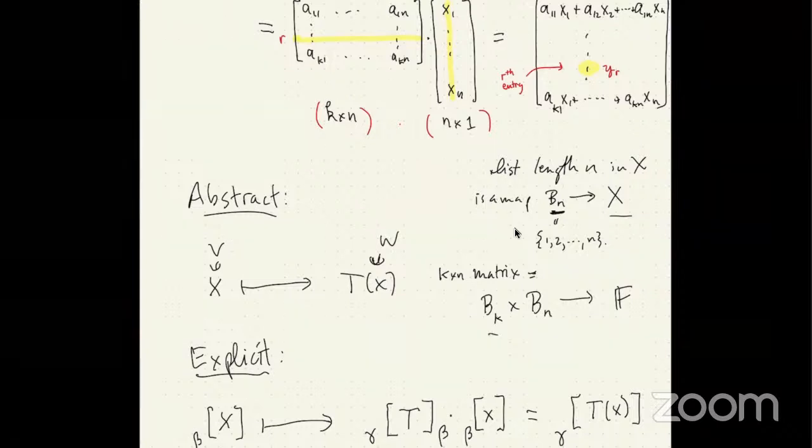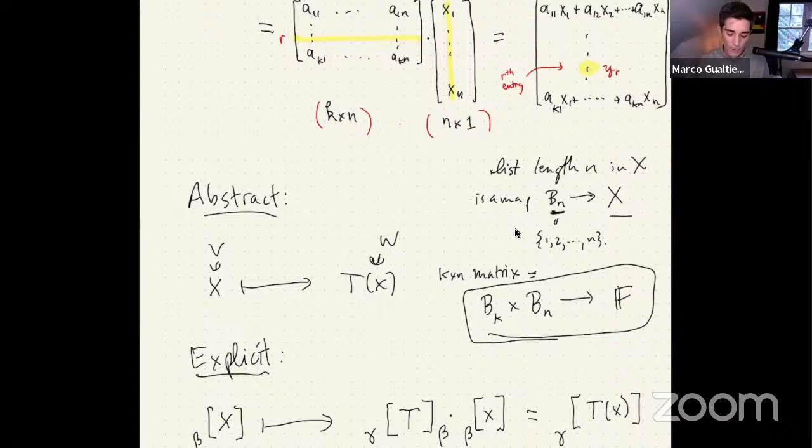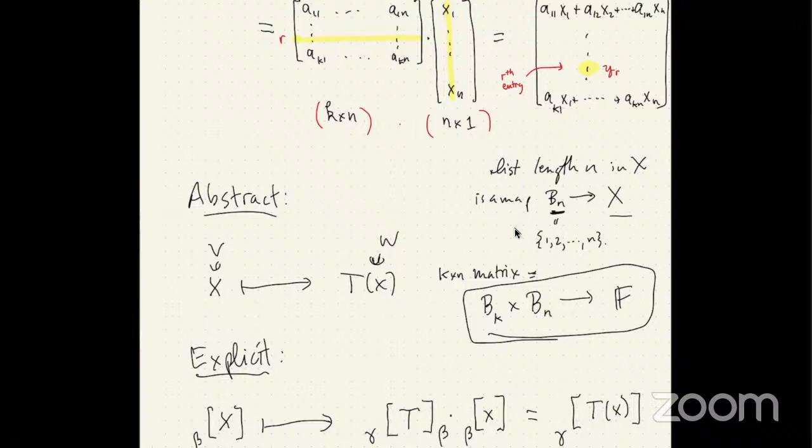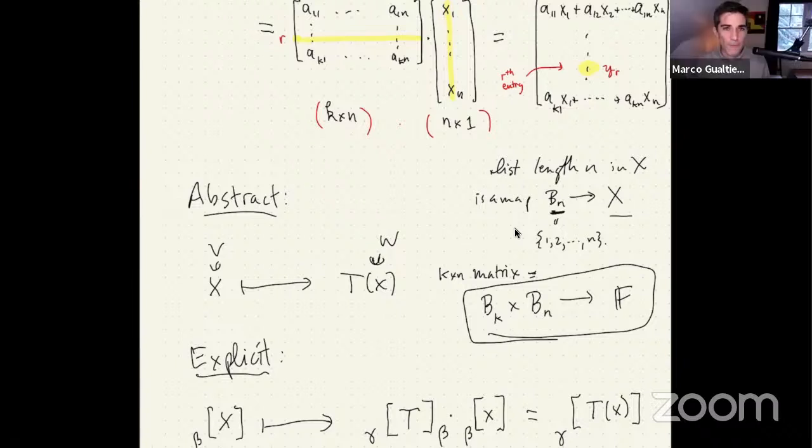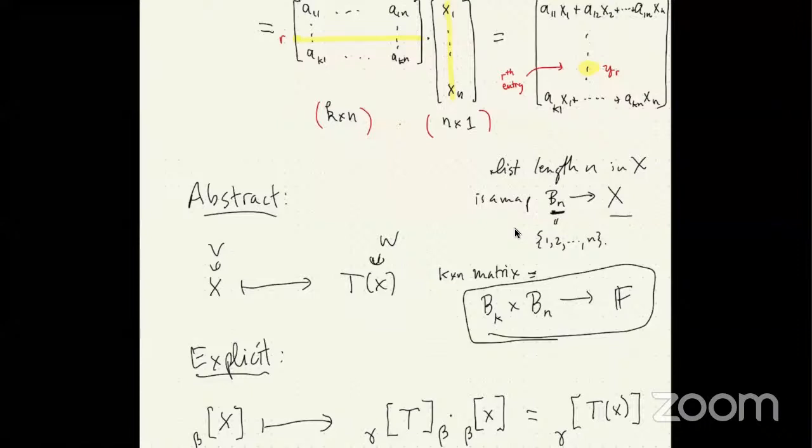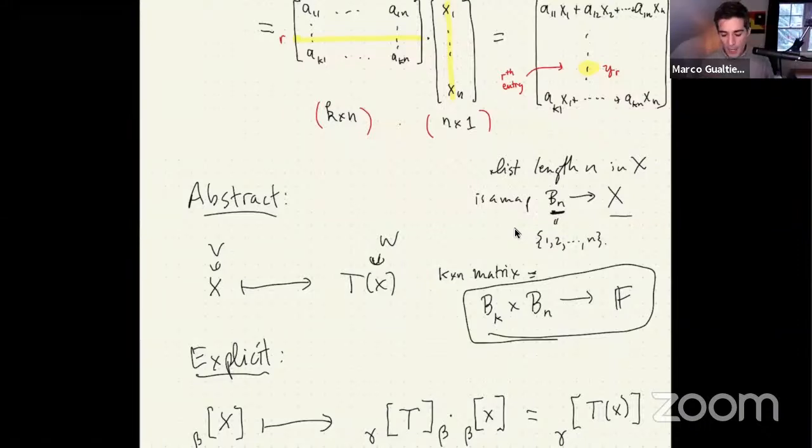And so what we're considering is double lists, if you want, which are called matrices. Would that be lists of lists? You could think of it that way if you want, but that's not what I said. I said it's a list which is a double, meaning that it's from Bk cross Bn, the Cartesian product of Bk with Bn, into F.